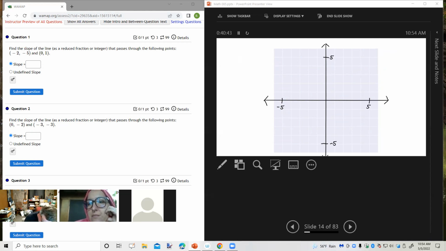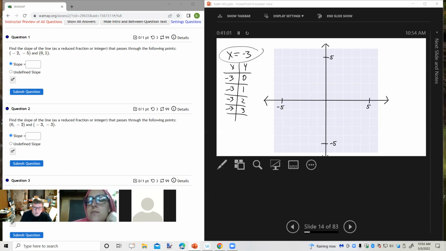Let's say we have the equation x equals -3. That means that no matter what, x is -3, because no matter what value of y we try to insert into the equation, it's still x equals -3.